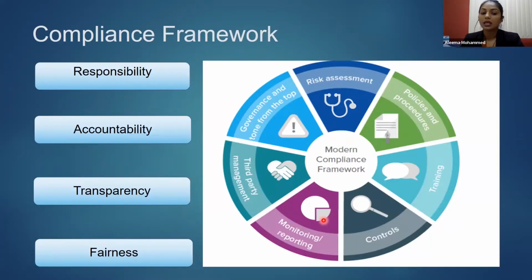And it should be encouraging that accountability, that transparency in terms of what is being done versus what is expected of us. And of course, third-party management may or may not apply depending on the nature of your business. But if you do have external stakeholders who from time to time would conduct reviews of your business and the way that you conduct your business, that would certainly be a critical element.